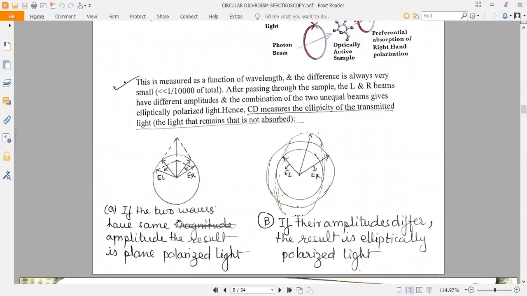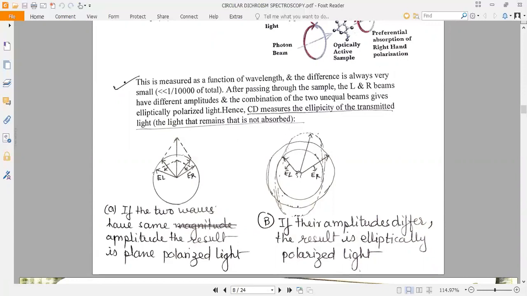If two waves have the same amplitude, the result is plane polarized light. If they have the same amplitude and one is going anti-clockwise, the other is going clockwise, then it will result in plane polarized light. If their amplitudes differ, the result is elliptically polarized light.